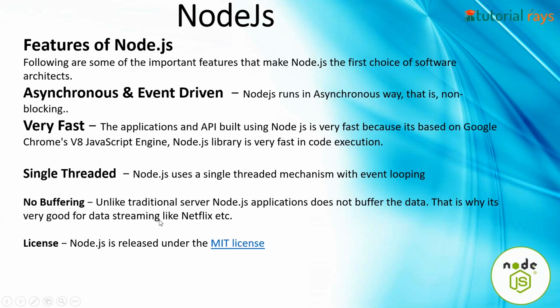As you know, Netflix is one of the most popular data streaming servers, and Node.js is used in Netflix. So the data is not stored in a client's computer or TV. The data is streamed directly, sent from the server bit by bit, and shown on a user's computer or a TV. Node.js is released under the MIT license, that is, it is open source.